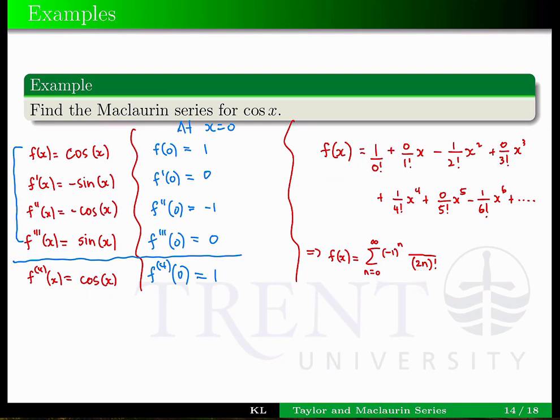When n equals 3, negative 1 to the power 3 is negative 1, 3 times 2 is 6, 6 factorial. And for the power of x, you see 2, 2, 4, 4, 6, 6, so it is the same as the denominator. So this is x to the power 2n.